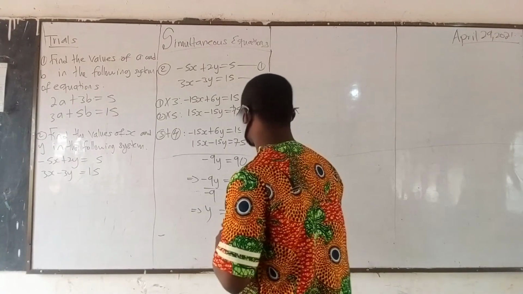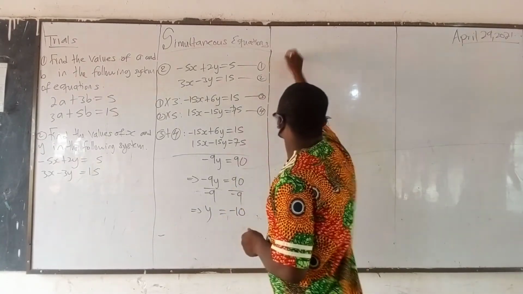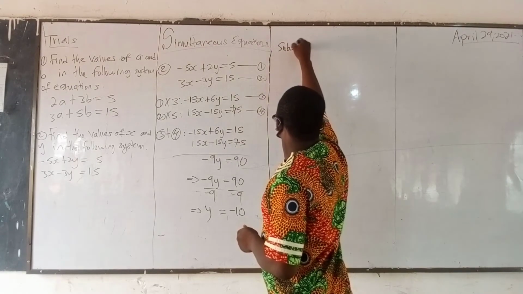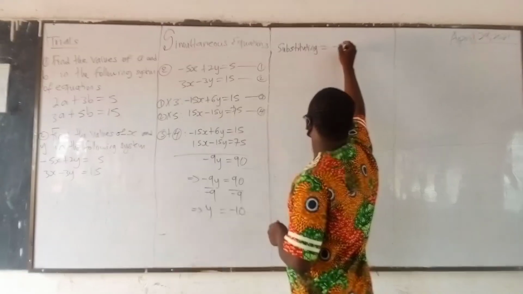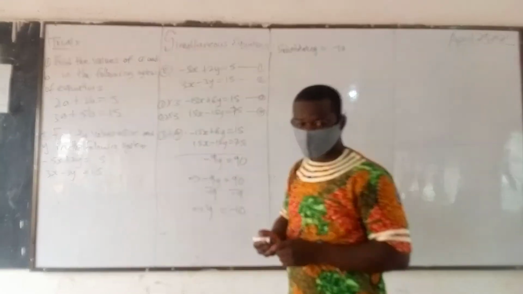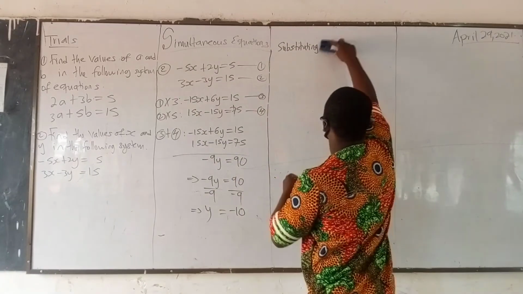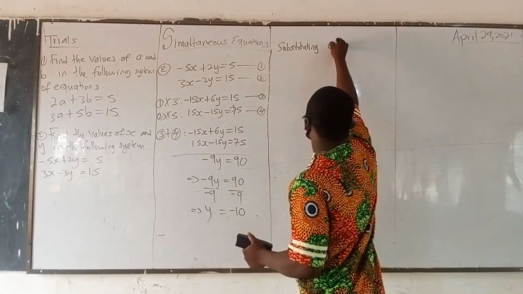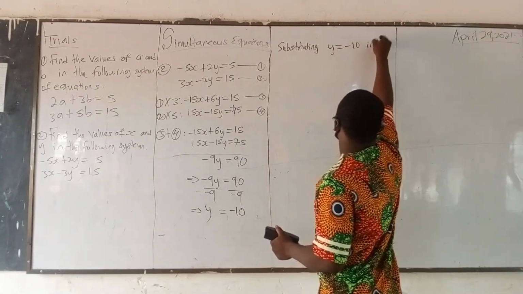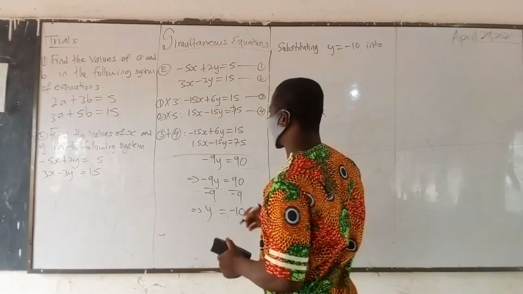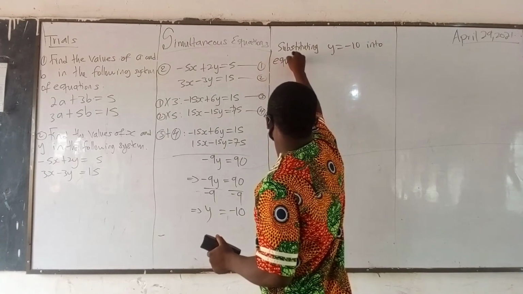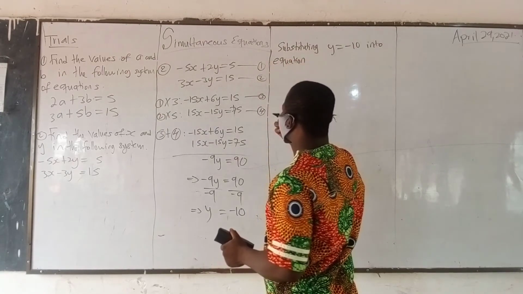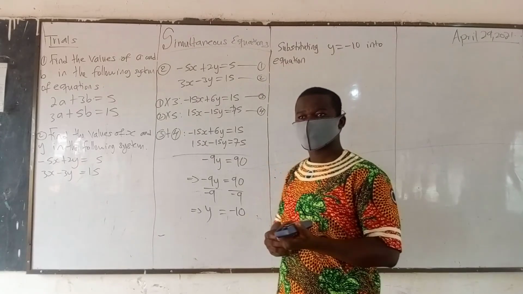So what do I have? Substituting y is equal to negative 10 into equation 1 or equation 2? Equation 2.